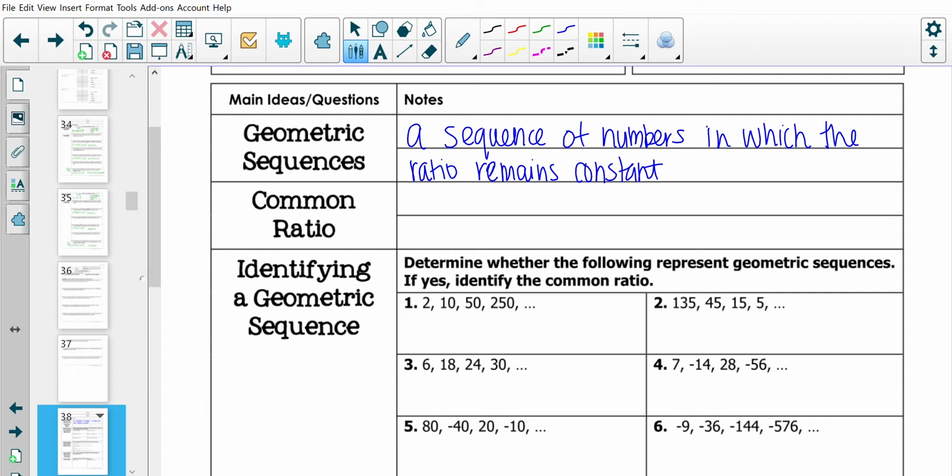The common ratio is found by dividing each term by its previous term.